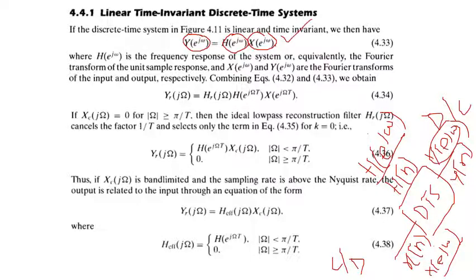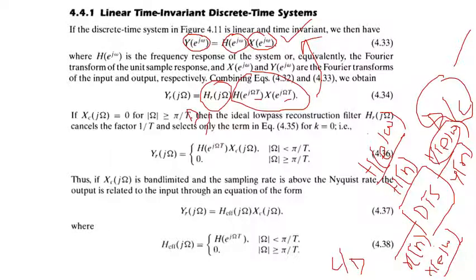Once I have this Y(e^{jω}), what do I need to apply in order to get the output of the D to C? It is the same equation, just replace ω with ωT, and then this is D to C. We know that in D to C we have a reconstruction filter, so we are applying a D to C converter here.